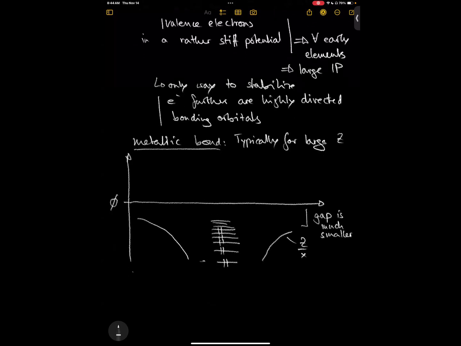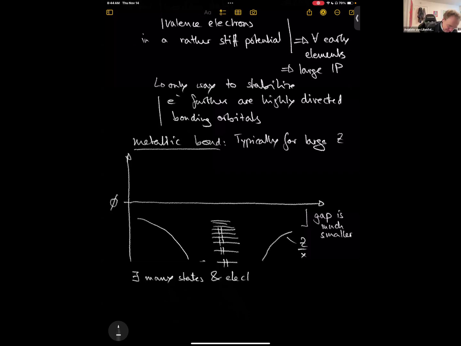So there are many states and electrons in a wide potential.